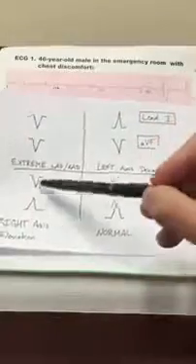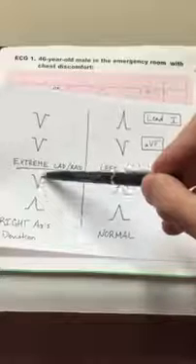If, however, you had positive in lead 1 and negative in AVF, that would be a left axis deviation. If you had the opposite of that, a negative QRS in lead 1 but a positive QRS in AVF, that would be a right axis deviation.